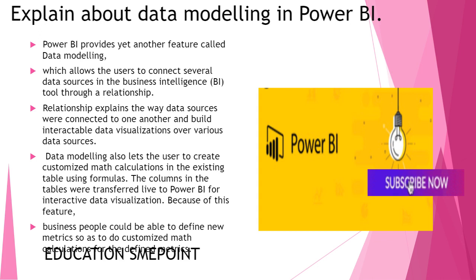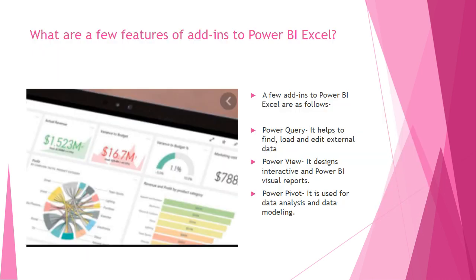Data modeling also lets the user create customized math calculations in the existing table using formulas. The columns in the tables are transferred live to Power BI for interactive data visualization. Because of this feature, business people are able to define new metrics so as to do customized math calculations for the defined metrics.